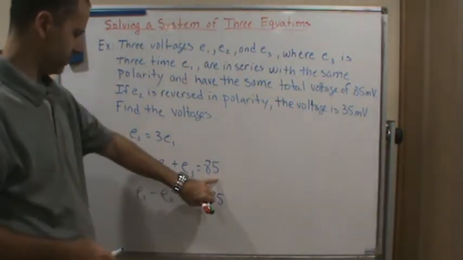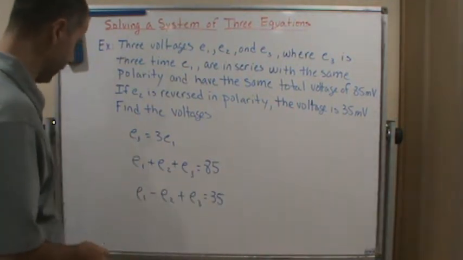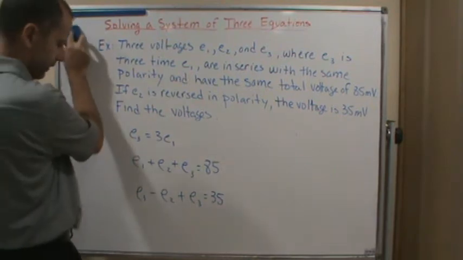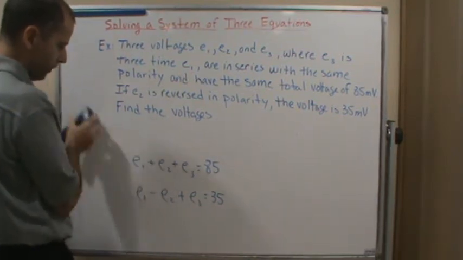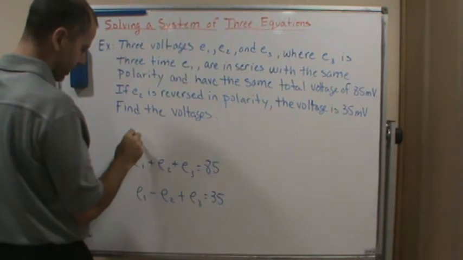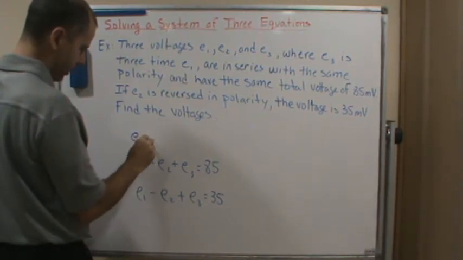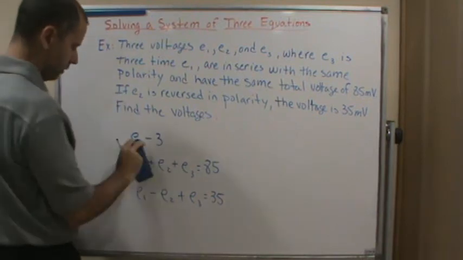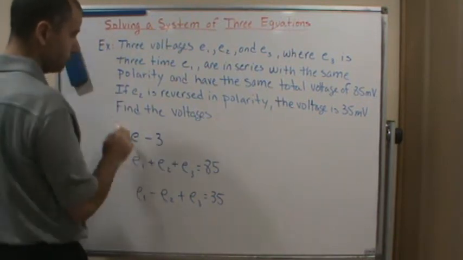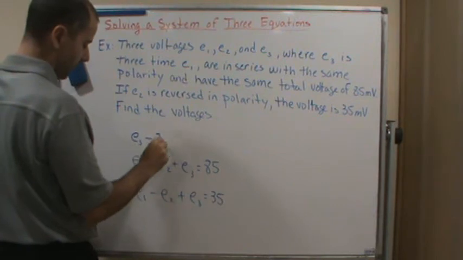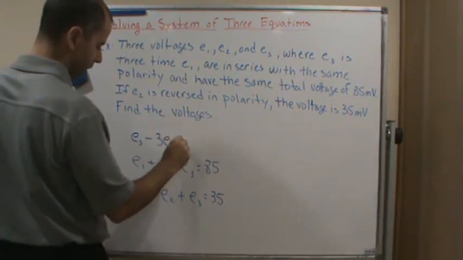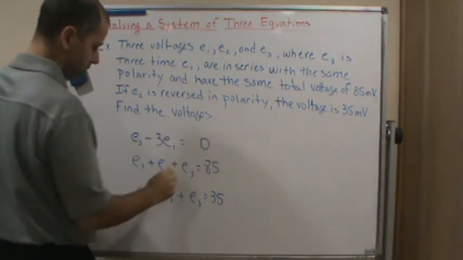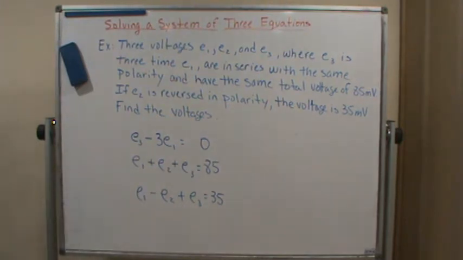So we want the constants on one side and all the variables on the other side. So we're going to rewrite this one as E1 minus E3 minus 3 times E1 equals 0.